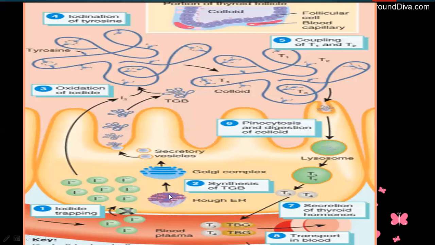It is packed into vesicles and sent to the next structure, the Golgi complex. Once it reaches the Golgi complex, the thyroglobulin is modified, and again packed into vesicles. These vesicles reach the apical membrane, where exocytosis occurs, and the thyroglobulin comes out of the cell into the colloid, or lumen, of the thyroid follicle.